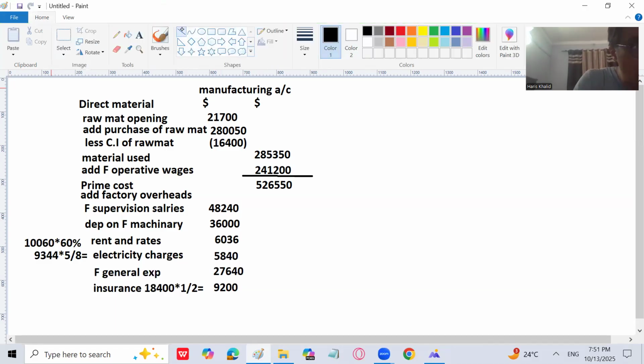Now let's go for the total of factory overheads. I will write here, and then I'm going to add work in progress and less work in progress closing to find the cost of production. So 48,240, let me add them up first, plus 36,000 plus 6,036 plus 5,840 plus 27,640 plus 9,200.